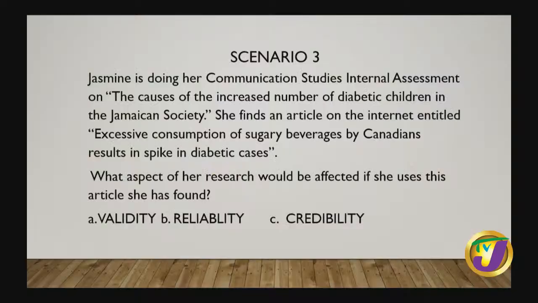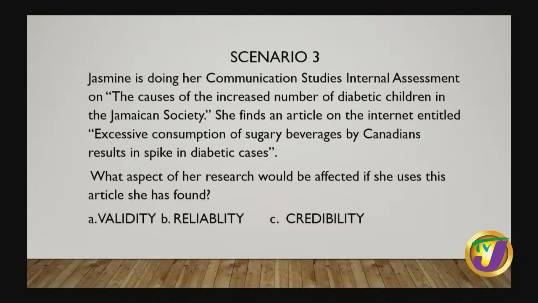Jasmine is doing her communication studies internal assessment on the causes of the increased number of diabetic children in the Jamaican context, or society rather. She finds an article on the internet entitled "Excessive Consumption of Sugary Beverages by Canadians Results in Spike in Diabetic Cases."